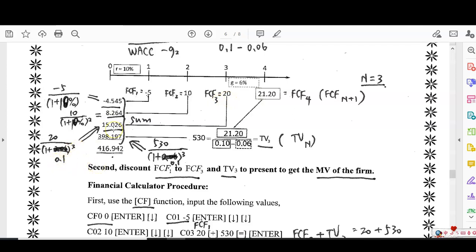So we have 15.026. For TV3, we can use 530 divided by 1 plus 10% cubed. So we have 398.197. Add these up, we have 416.942 as the firm value at time 0.